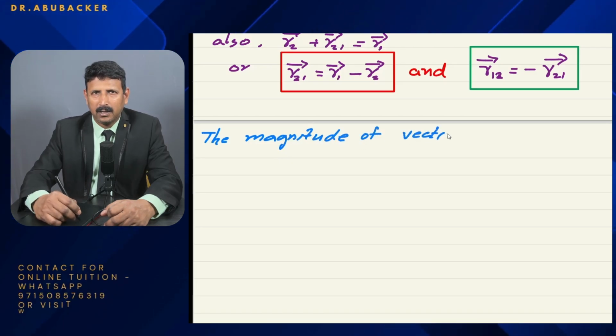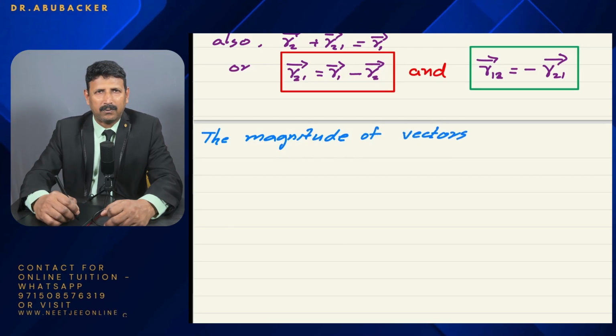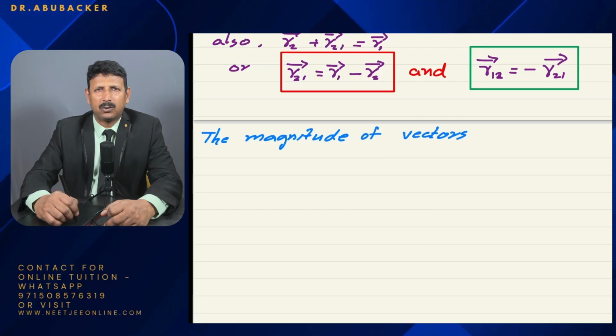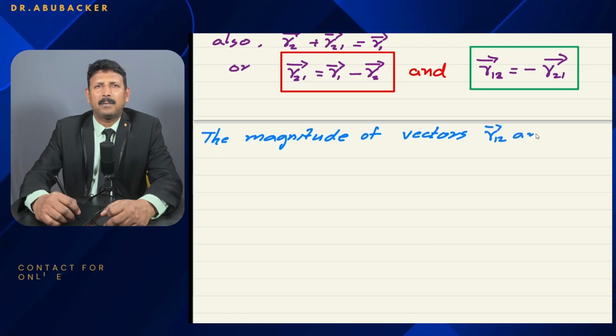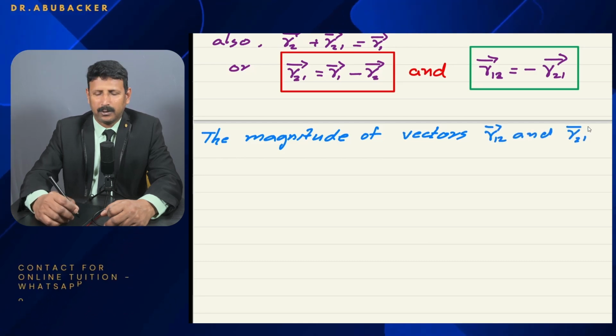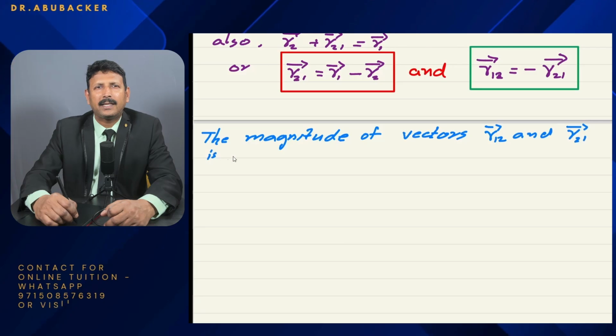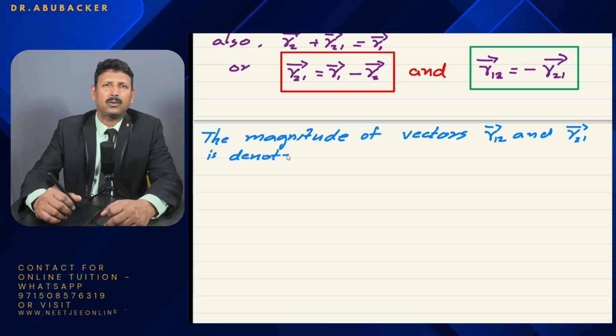Two lines will be drawn on both sides of the letter. So the magnitude of R12 and the magnitude of R21, I am going to write below that, and their unit vectors I am going to write now.